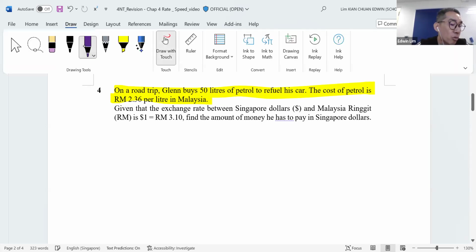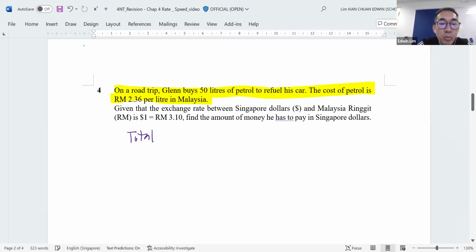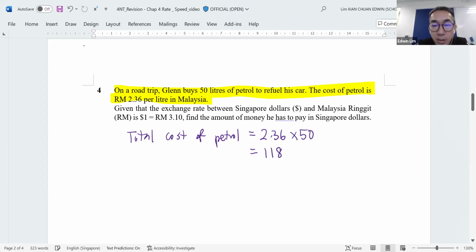The first thing I will have to do is find the total cost of petrol. One liter is 2.36. I buy 50 liters. So 2.36 times 50 will be 118.